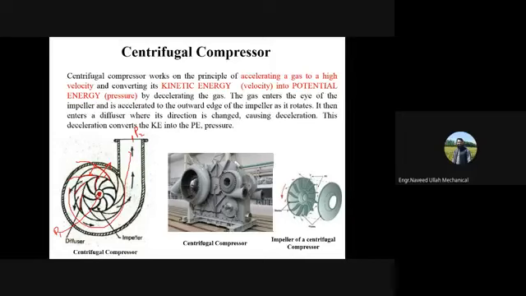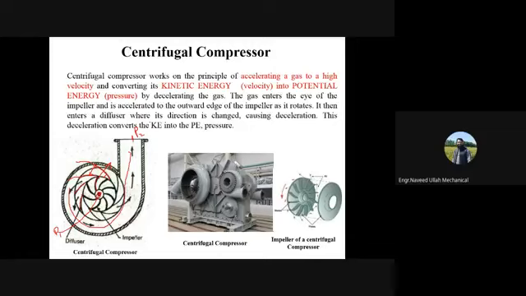And such a compressor which works on this principle, where the impeller increases the kinetic energy of the working fluid, and then the curved vanes decelerate the working fluid, and when it exits the vanes with a larger area, the pressure is further increased, and at the end it is given to the volute casing, and the pressure is further increased over there also.